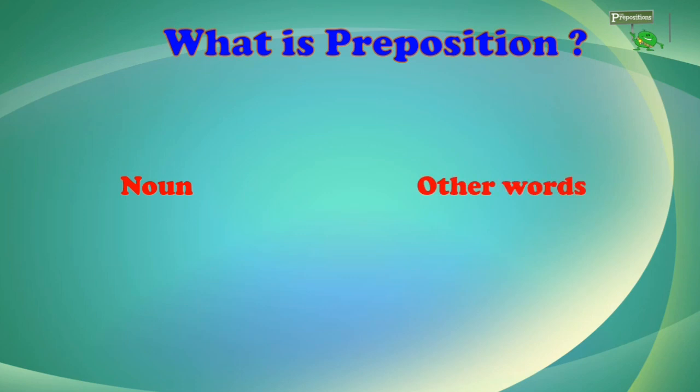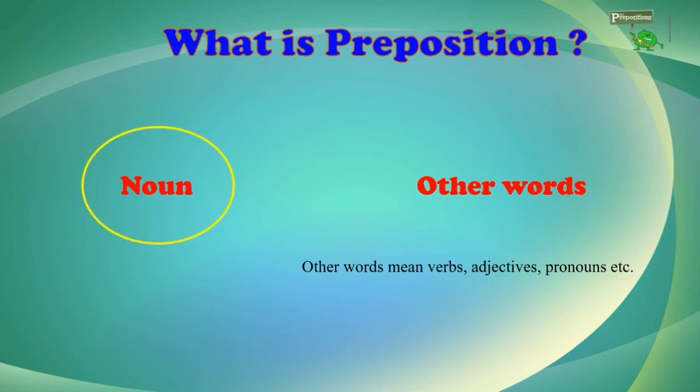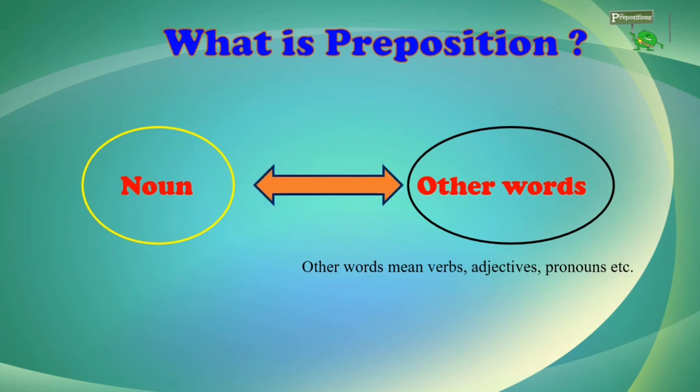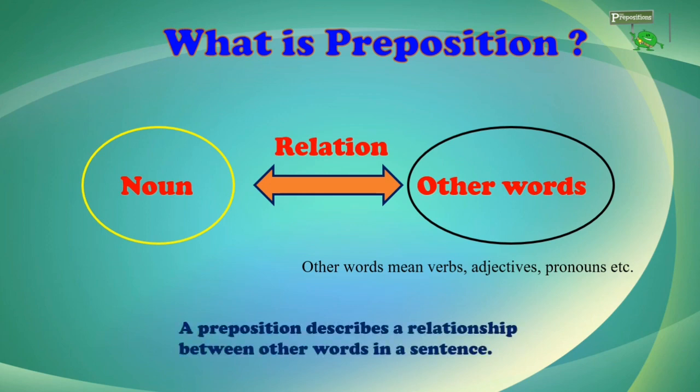Other words are verbs, adjectives, pronouns, etc. There should be a relation between the noun and these other words, and who is maintaining this relationship? This relationship is maintained by the preposition. So a preposition describes a relationship between other words in a sentence.